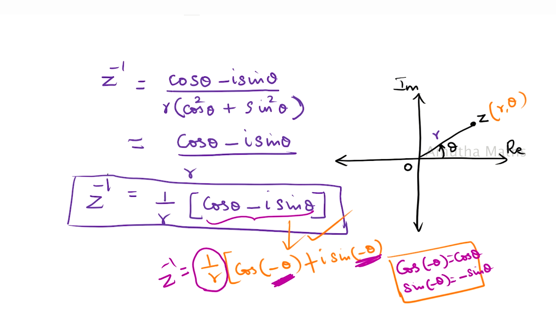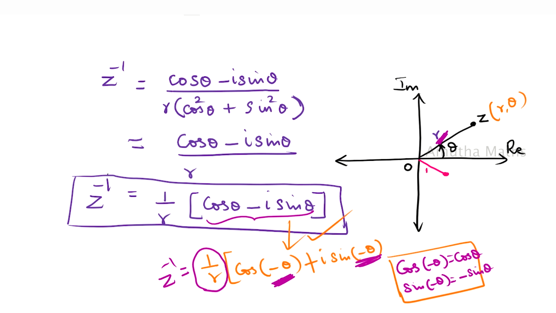Suppose this is r. r na இது வந்து 1 by r distance ல இருக்கு z inverse. If r is equal to 5, then 1 by r will be 1 by 5. So the complex number z is at a distance r from the origin. Similarly, the complex number z inverse is at a distance 1 by r.